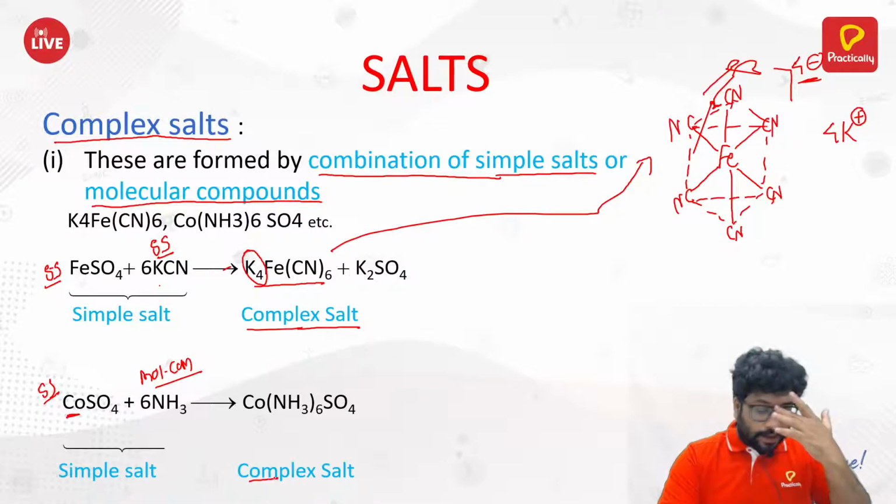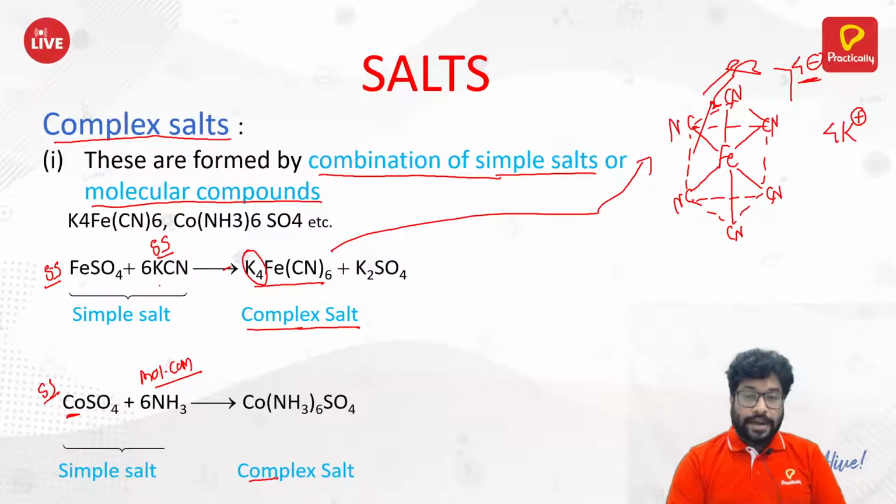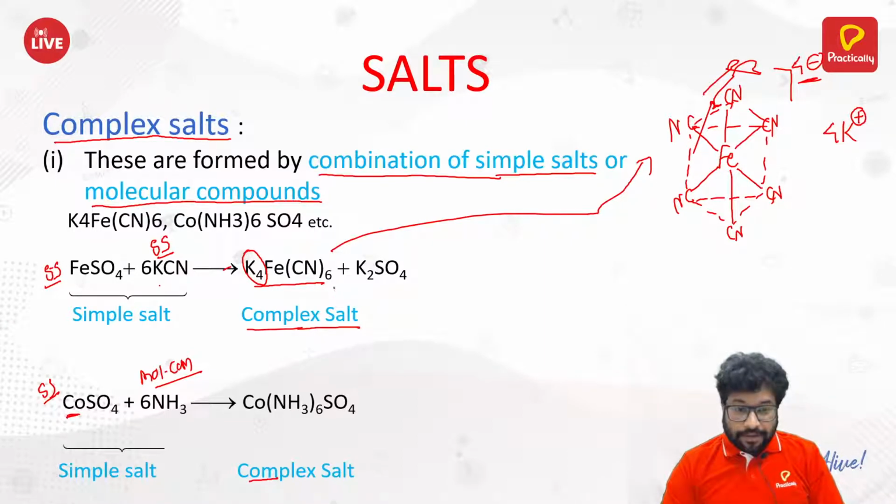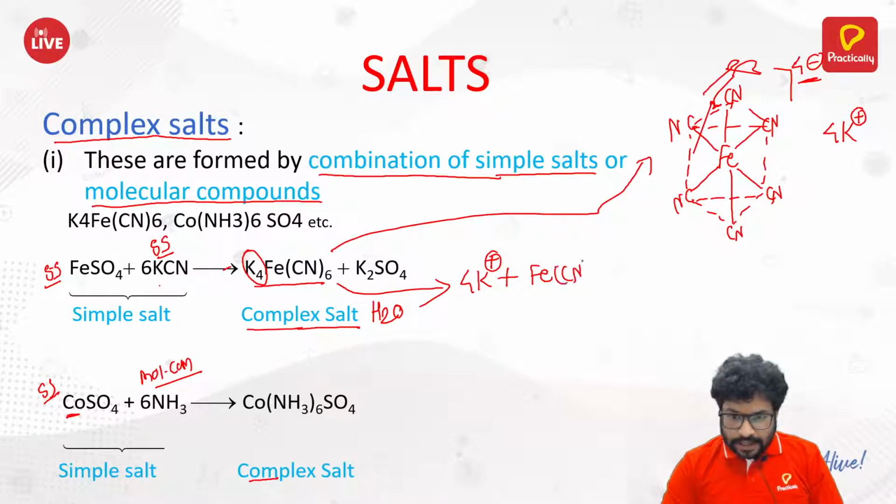Now understand the difference between double salt and complex salt. Double salt: whenever your double salts are dissolved into water, you get all the constituent ions separated. That means you can test for all those constituent ions together. But here, whenever you try to dissolve K4[Fe(CN)6] into water, you can get the test for K plus only, and this [Fe(CN)6] 4 minus.